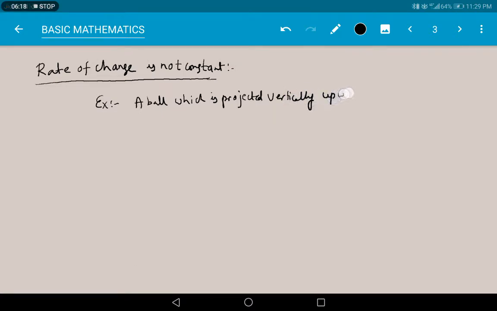We know the expression for when an object is thrown vertically upwards, we can express its distance formula: s equals ut minus half gt square. If you plot a graph, the graph will be like this.